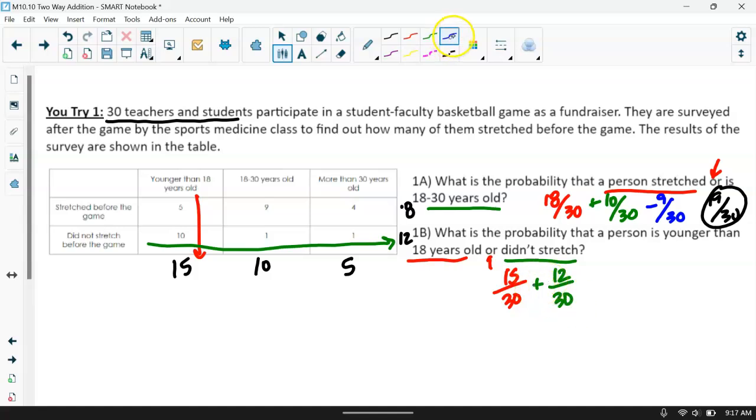But what was the overlap out of the 30 that you needed to subtract in this case that you counted twice? The 10 younger than 18 who did not stretch. Now subtract. That's why the probability here is 17 out of 30.